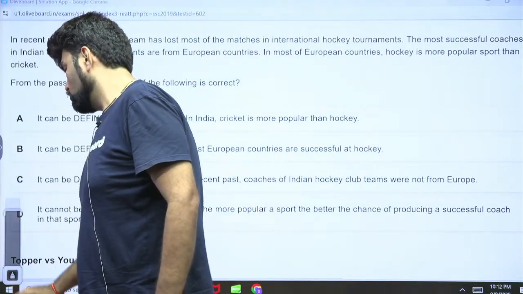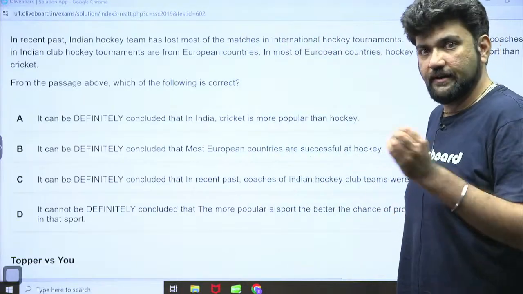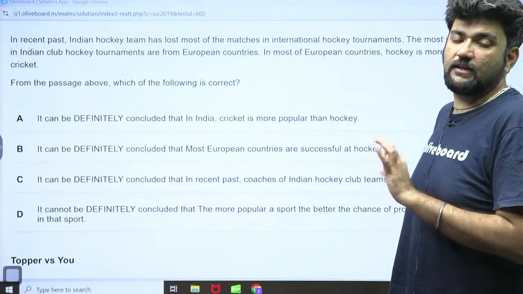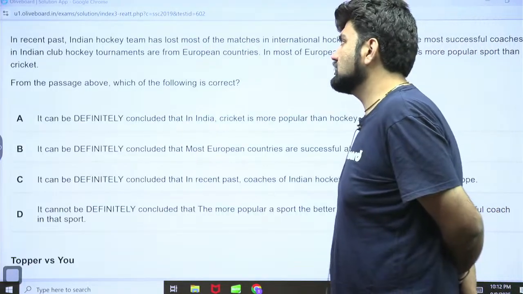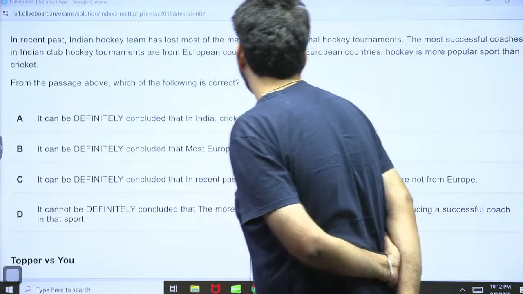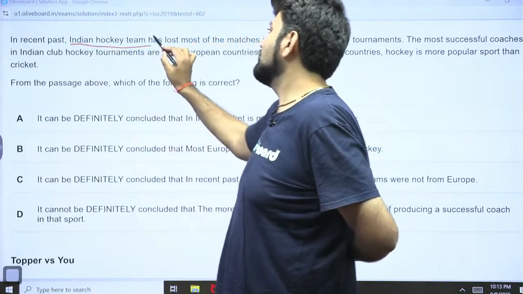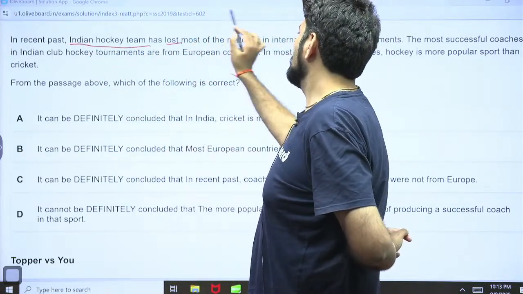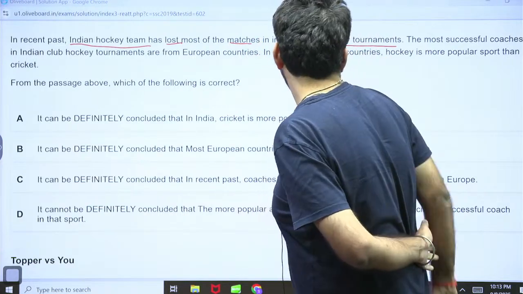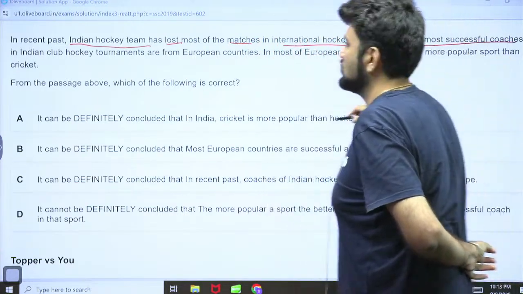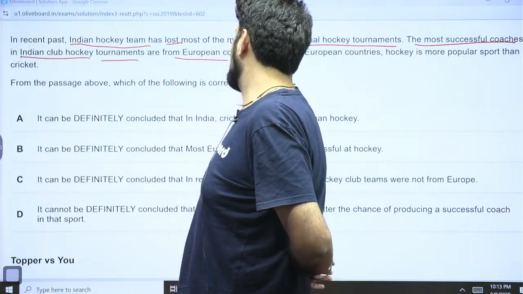Now this is conclusions which are definite or possible: probably true, definitely true, probably false, definitely false. Look at this one. In the recent past, Indian hockey team has lost most of the matches in the international hockey tournaments. The most successful coaches in Indian club hockey tournaments are from European countries.